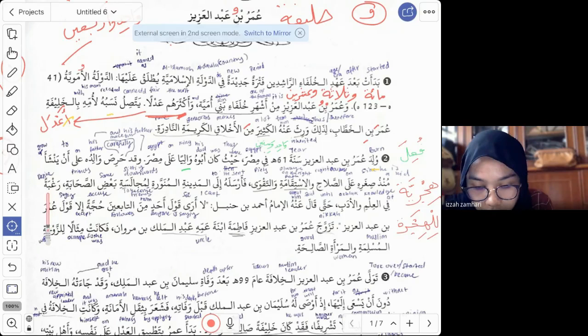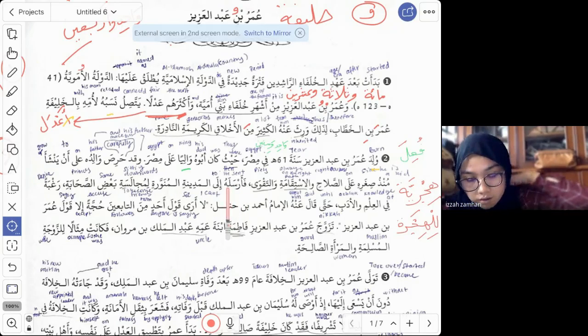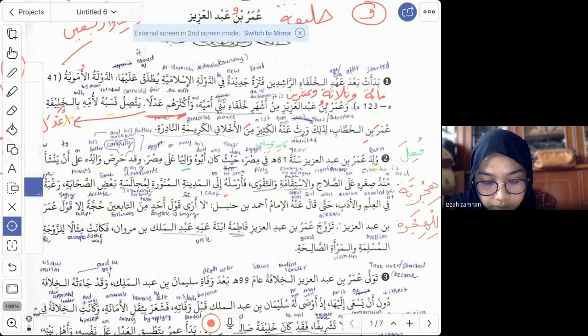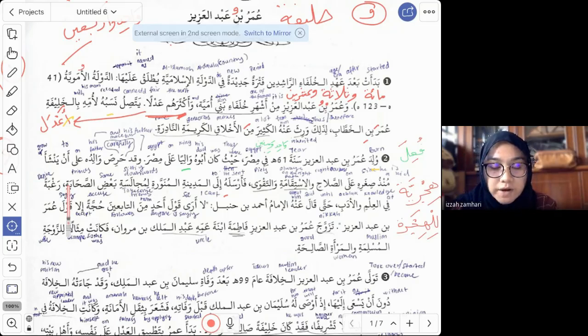So fa'arsalahu means he sent, ila means to, al-Madinah al-Munawwarah, limujalasati, to become friends, ba'di, some, al-sahaba, it means friends.